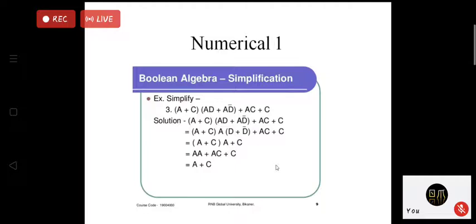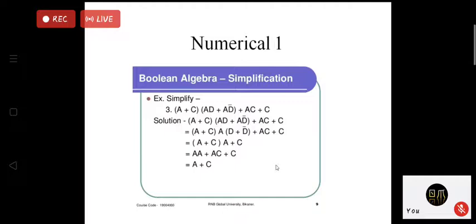D plus D bar. Now, what we have learned in case of anything plus its complement, you don't need to memorize this also. I told you many times. 0 plus 1 is 1, 1 plus 0 is 1, because anything added with its complement will give you the answer as 1.